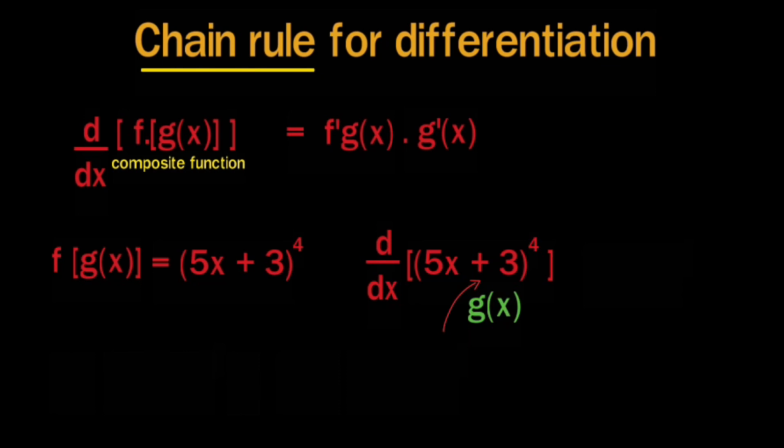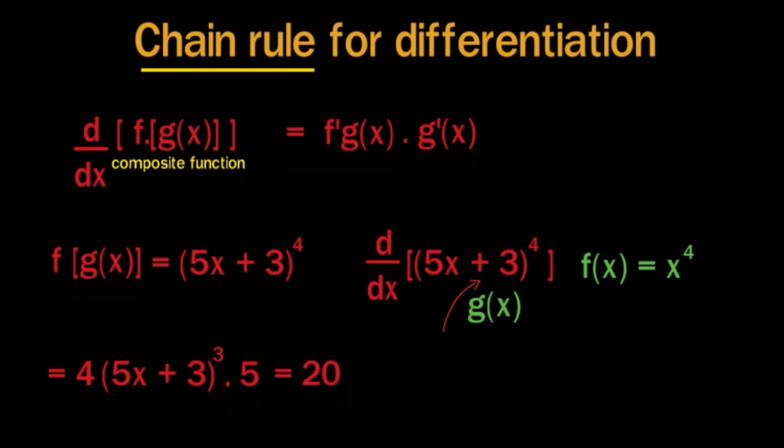We differentiate the function outside, which is x to the power of 4, so function f is x to the power of 4. What we get is 4 times (5x + 3), the inside g(x), to the power of 4 minus 1, multiplied by the derivative of the function inside, which is 5. So the answer is 20(5x + 3) to the power of 3.